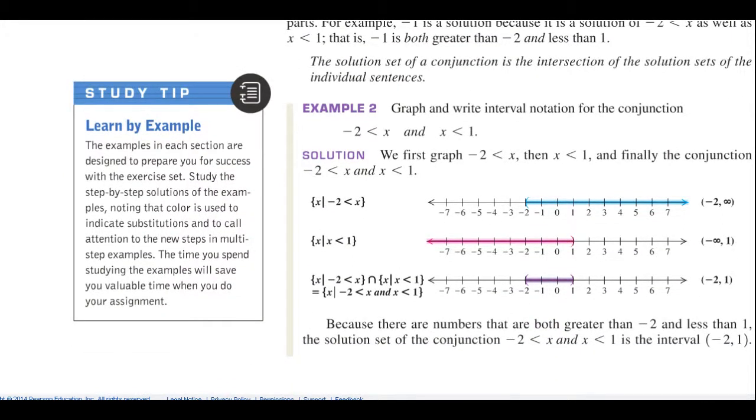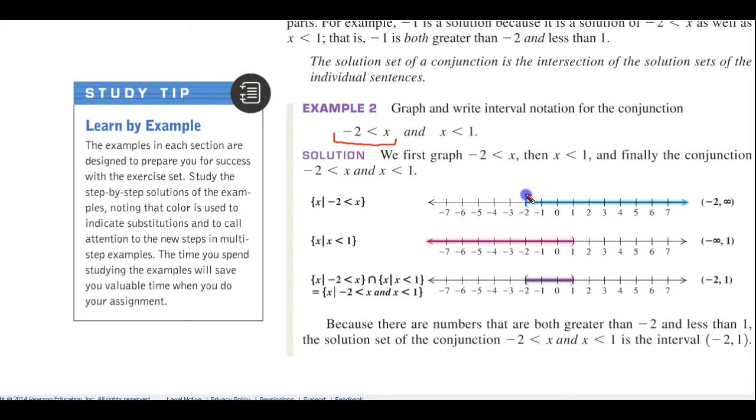And here's the clearing up of this. So how do you do it? Well, basically, you are going to graph this first inequality, and that's saying that x is greater, reading it from the right, than a negative 2.